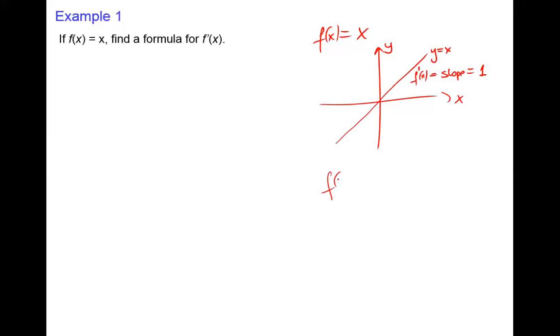Okay, who can tell me the derivative of 2x? It's of course 2. Why is it 2? Because of the slope, of course. That means I can say right away, because I want you to be smarter.